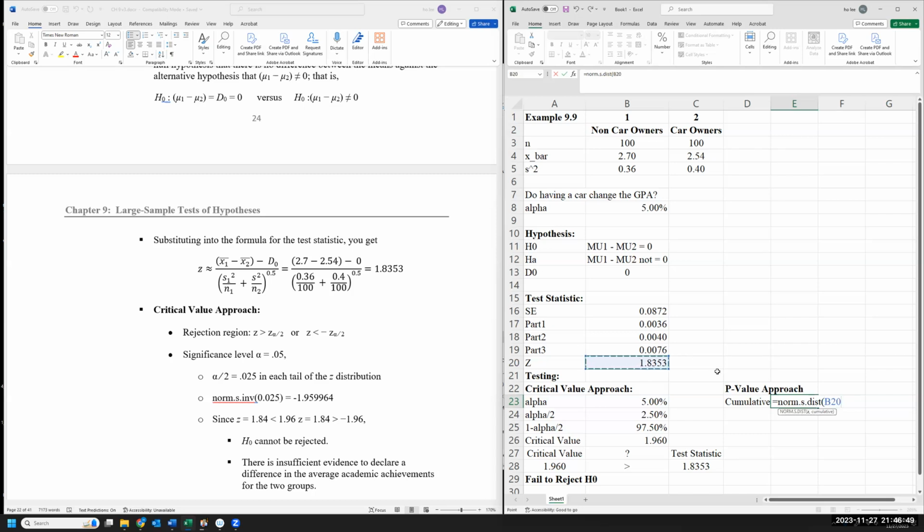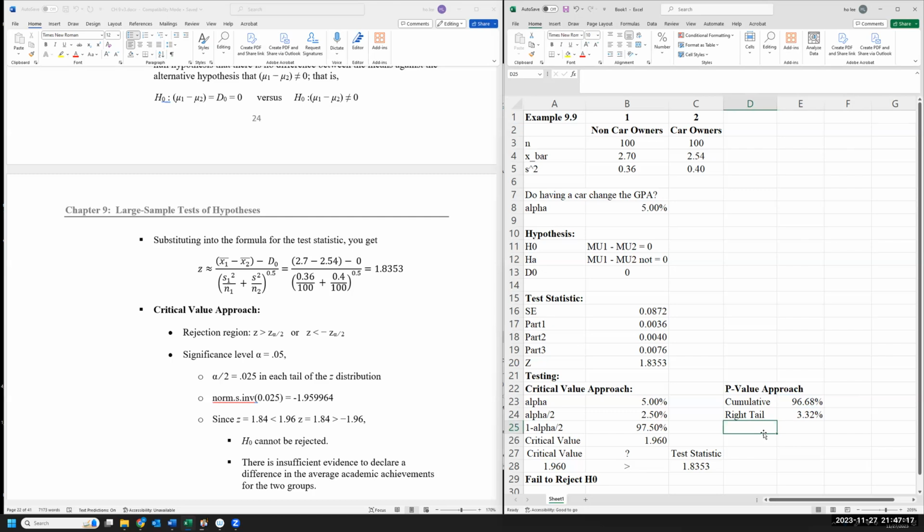Remember, Excel calculates from left to right, but we need the right tail, and we use cumulative of true. We get this probability right here. So then the right tail is equal to 1 minus cumulative, it's 3.32.